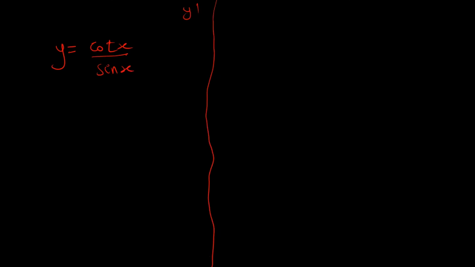Let's try one more example. Let's say we have y equals cotangent of x all over sine x. Okay, so we have to find y prime. So what do we know about this? This is the quotient rule.